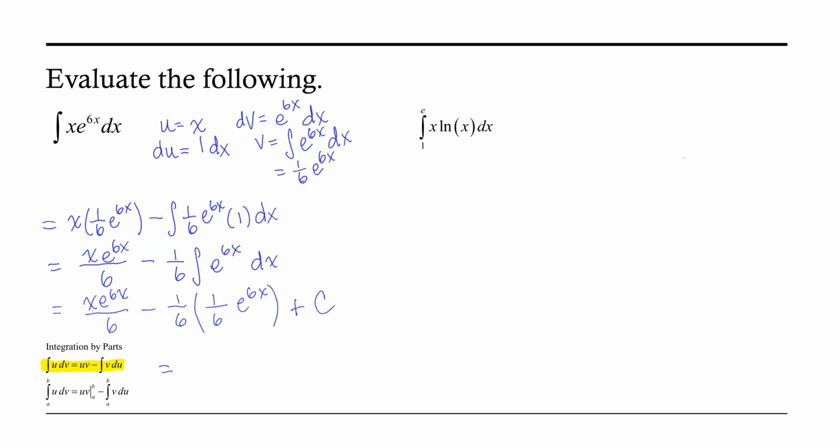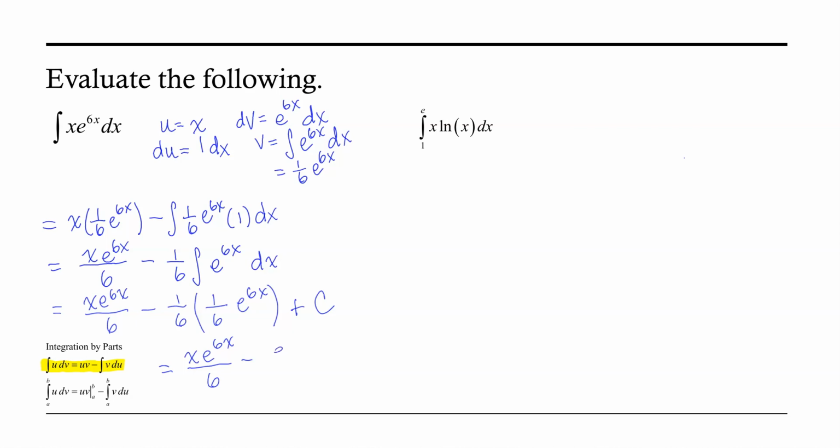I'll simplify that second term and get x times e to the 6x over 6. That was our first term. And then we've got minus 1/6 times 1/6, which gives me 1 over 36 times e to the 6x.